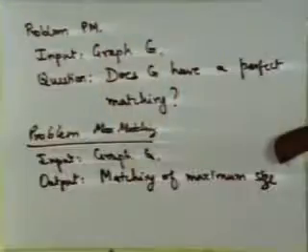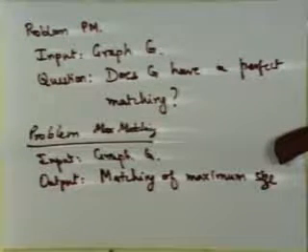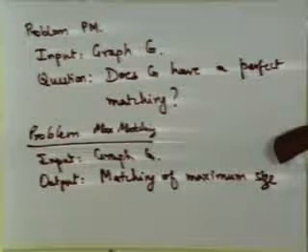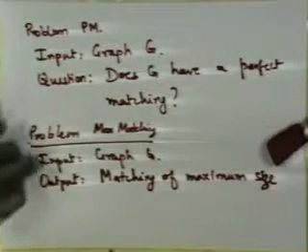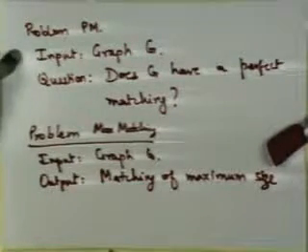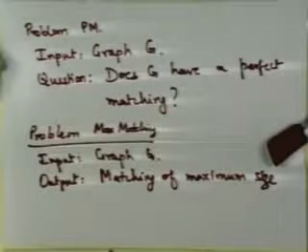Now, supposing in your subroutine library you have a subroutine coded for the problem maximum matching. Given an algorithm so that when you feed in a graph G, it will output a matching of maximum size. Can you use this to solve the other problem? The answer is yes.